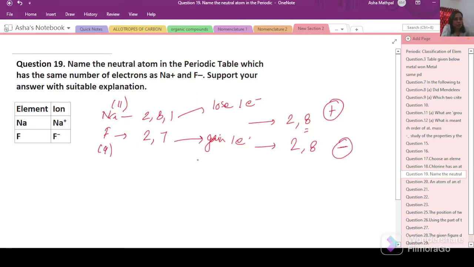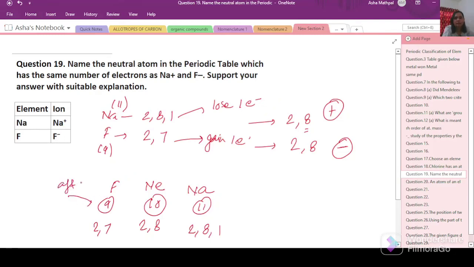Now if you see the order in which these elements are arranged, neon has the atomic number 10, that is 2, 8. Neon is followed by sodium, atomic number 11, and it is 2, 8, 1. And before it lies fluorine, atomic number 9, 2, 7, right? But after gaining, it is becoming 2, 8, right?